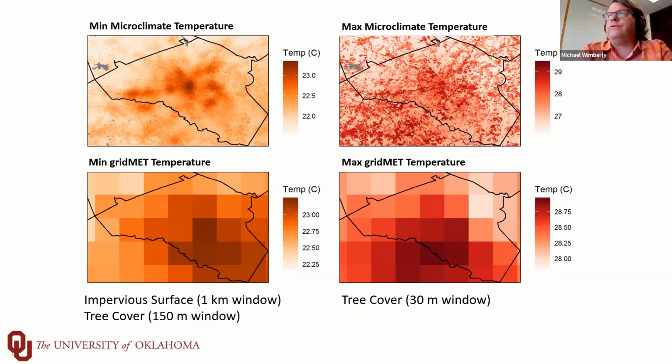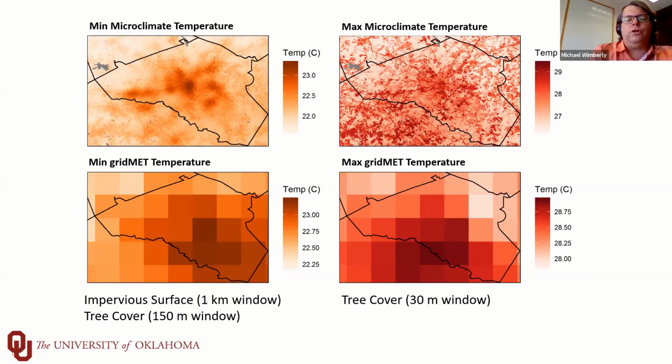On the other hand, if we look at maximum temperatures, they are very sensitive to shading from the tree canopy. So, again, if we're looking at it from the perspective of a mosquito, you tend to have higher temperatures in open areas and cooler temperatures where you have patches of trees.